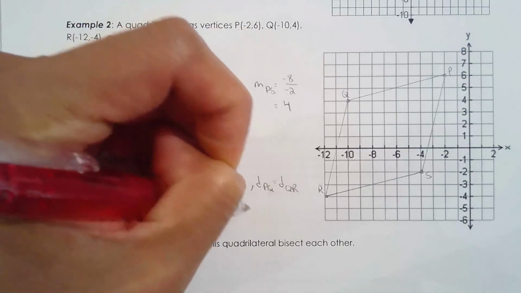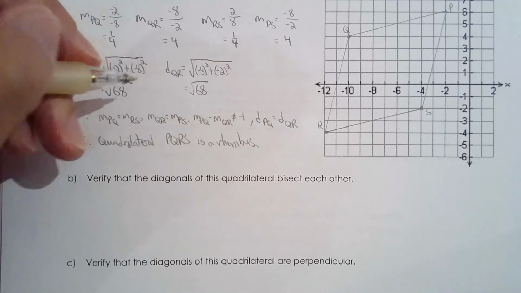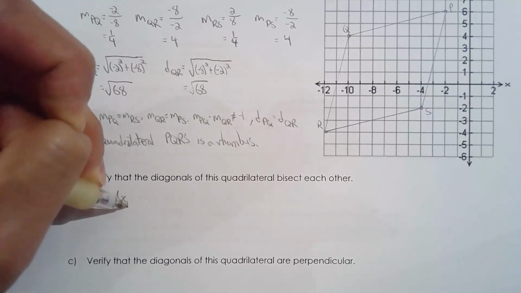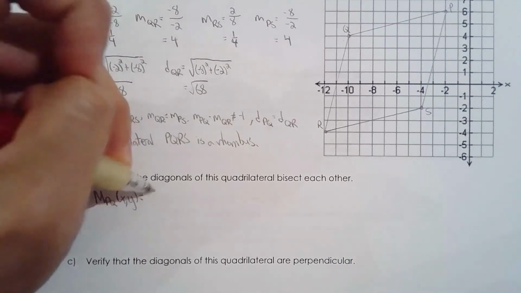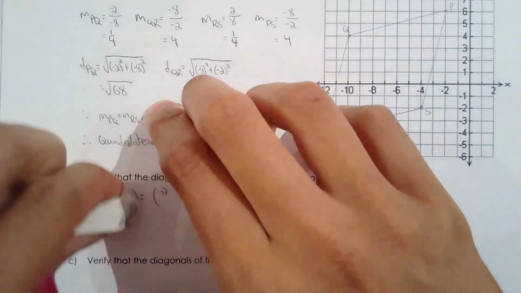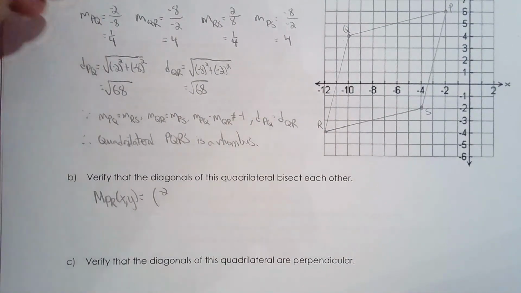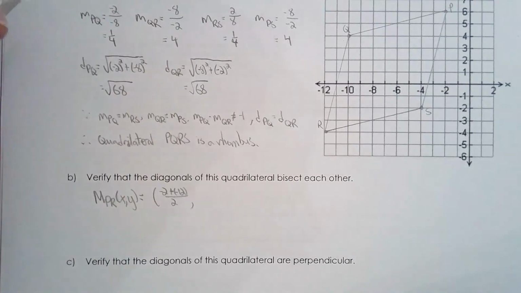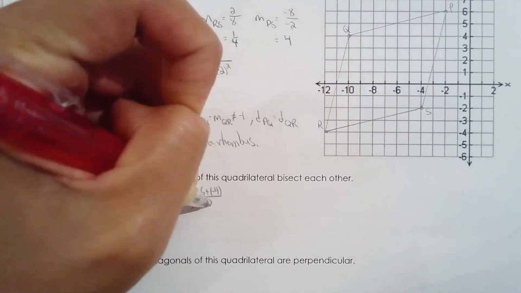Good practice on classifying. Alright, verify the diagonals bisect each other. Okay, we can do that. The midpoint of the diagonal PR is negative 2 plus negative 12 over 2, and 6 plus negative 4 over 2.